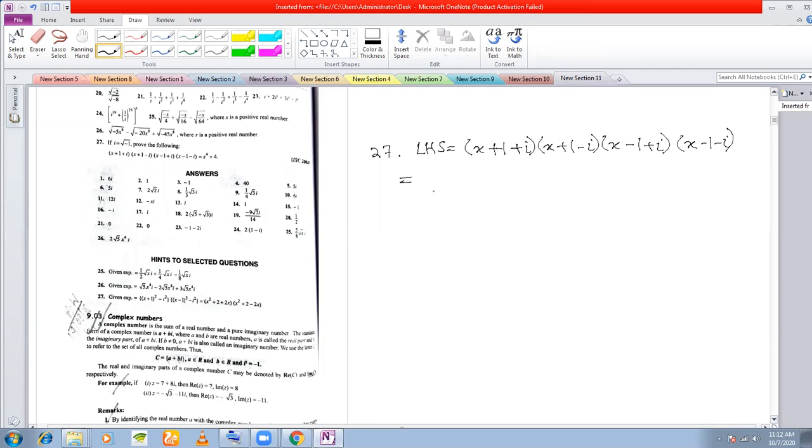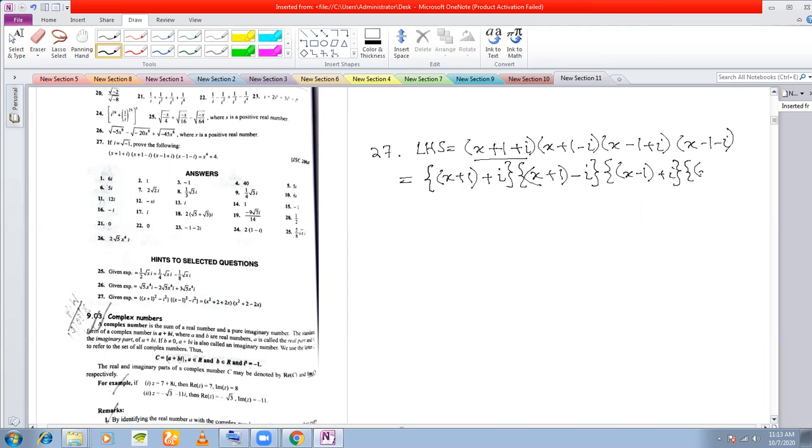You need to prove that this is equal to x to the power of 4 plus 4. Now what you do here is, for the first expression, you separate x plus 1 and write the real part and the imaginary part separately. Here also, you write it in this manner. Here also, you write it in this manner.